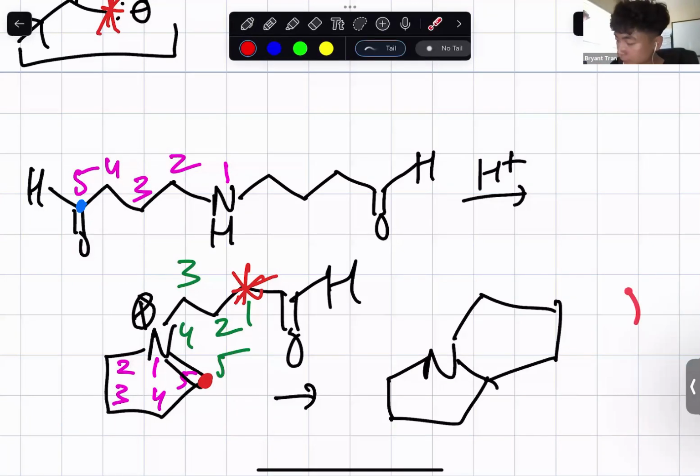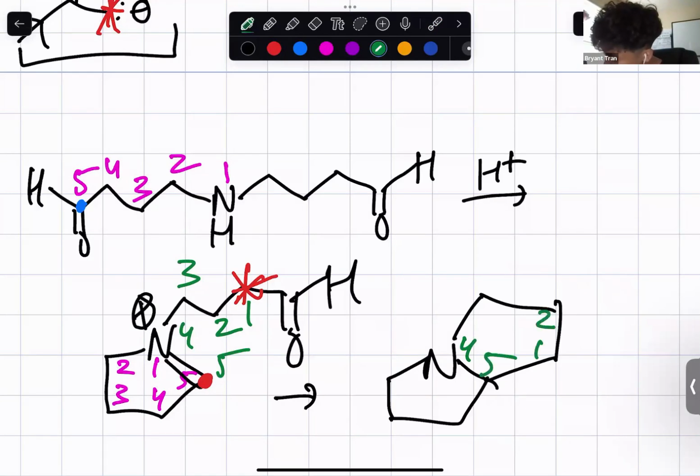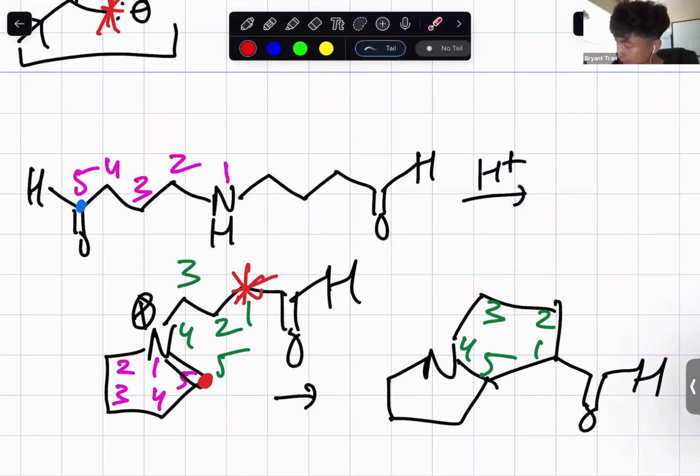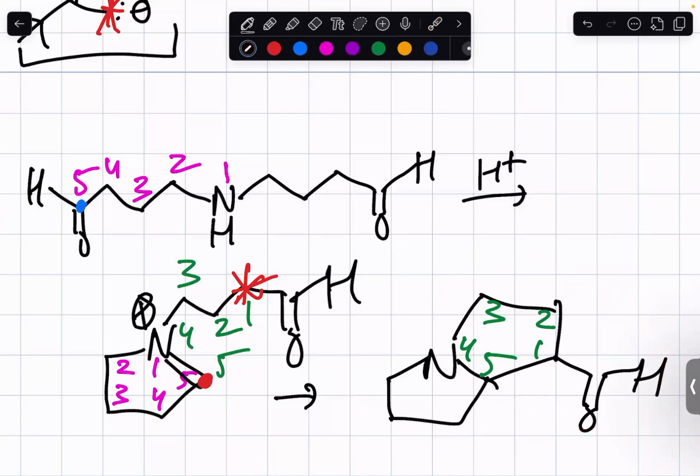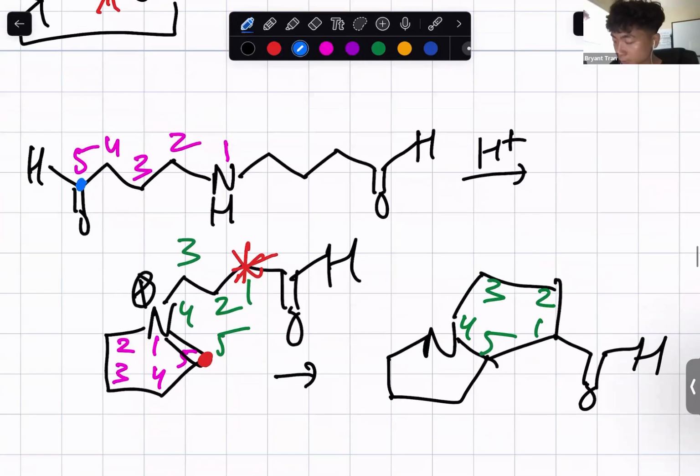So I like to draw out the 5-membered ring because I know I'm making a 5-membered ring, where this is 4 in green, this is 5, this is 1, this is 2, this is 3. And 1 here is attached to this aldehyde, like that. This is the final answer, and we could confirm by checking if it's a beta amino carbonyl.